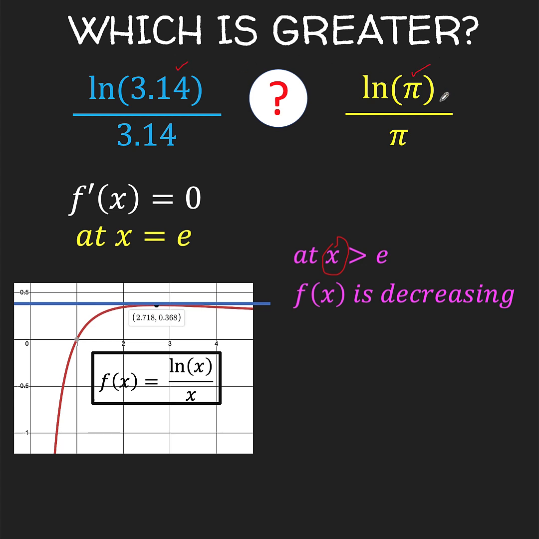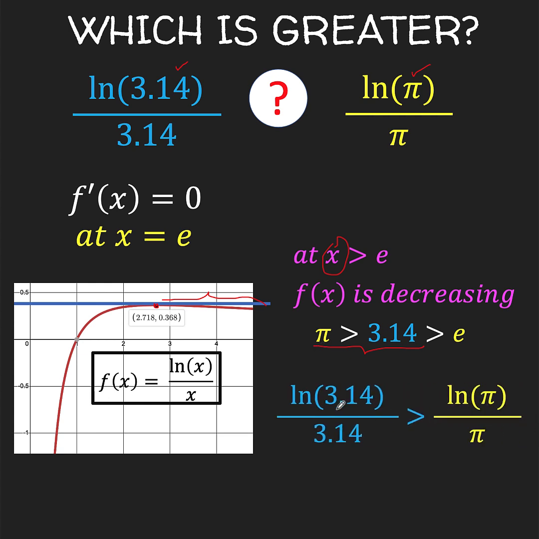And both of them are greater than e. Pi is greater than 3.14 and 3.14 is greater than e with an approximate value of 2.718. So that means these two x values are at the right side of e, where the function is decreasing. So the higher is the x value, the lower is the value of the function.